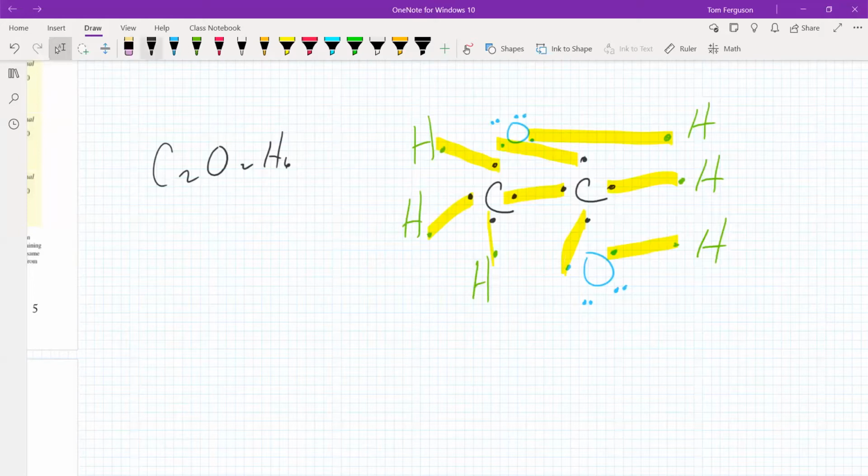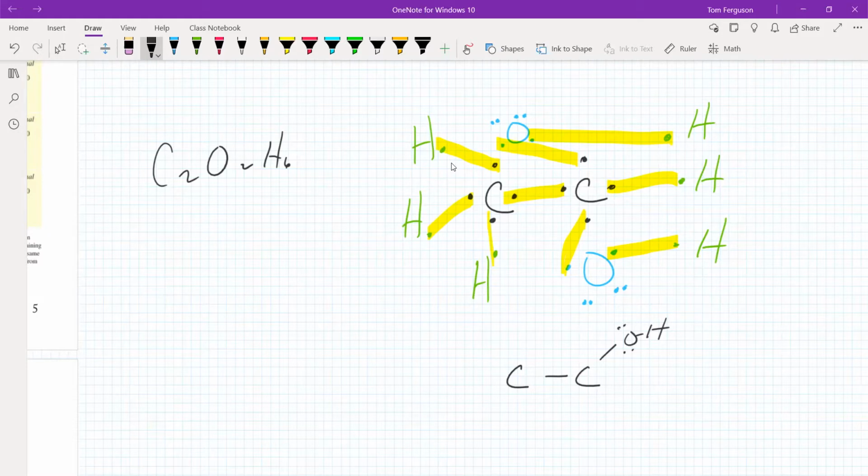So now we're going to fill in with the solid lines. And notice how I drew the oxygen. Right here, I've got the pairs together. Here, I've got them separated. Remember, we can move them around.